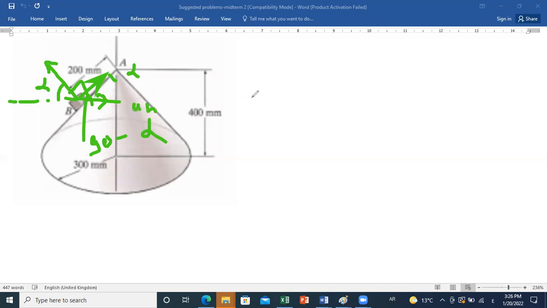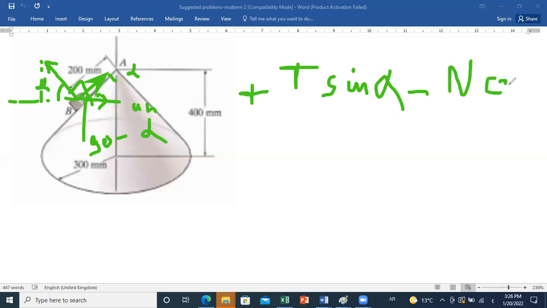So I have plus T sine alpha, a positive projection on UN, while for the normal, the projection is towards the left, so it's a negative projection. So I do minus N cosine alpha, because alpha represents the angle between the normal and UN. The weight is perpendicular to UN, no projection, 0. This equals MAN, which is M times V squared, which is known, over the radius, which we calculated now.